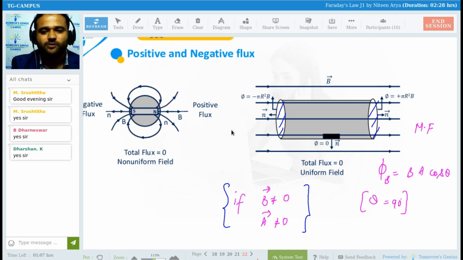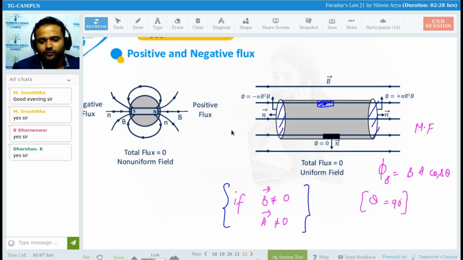Because for this it is going to be minus pi r square B, and that is positive pi r square B. And for this region also, your flux is 0. So in this scenario, the total flux for non-uniform is going to be 0. Clear, everyone? Should I move ahead?